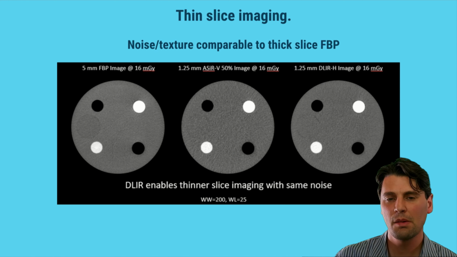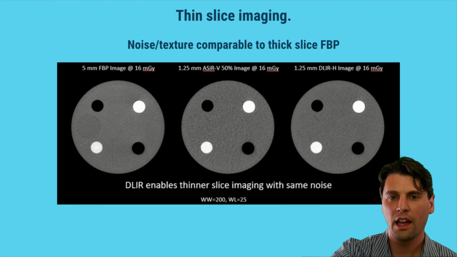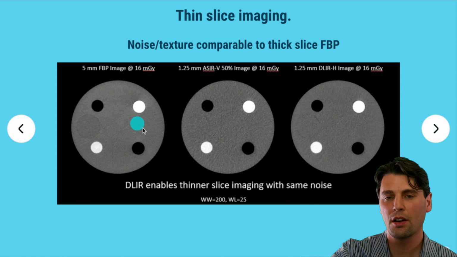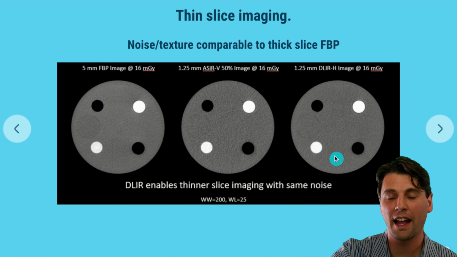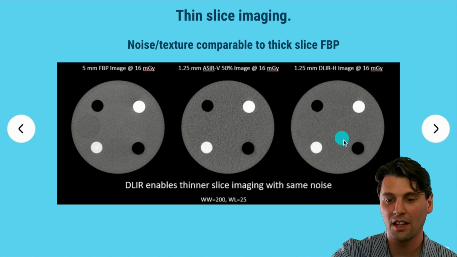Here you can see our 5mm reconstruction with the same data, the 1.25mm reconstruction with the standard of care iterative reconstruction, and then with the same dose, but with the higher reconstruction strength on the deep learning image reconstruction, you can see a significant reduction in the noise.